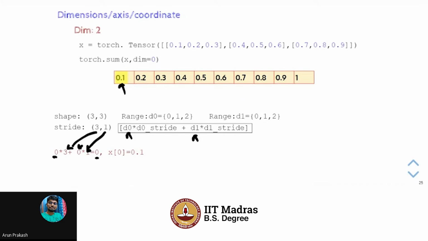Can you guess which one we need to increase first? Because I am doing summation across dim 0, D0 should be increased. Even if you make a calculation, you can immediately see which one has to be increased.